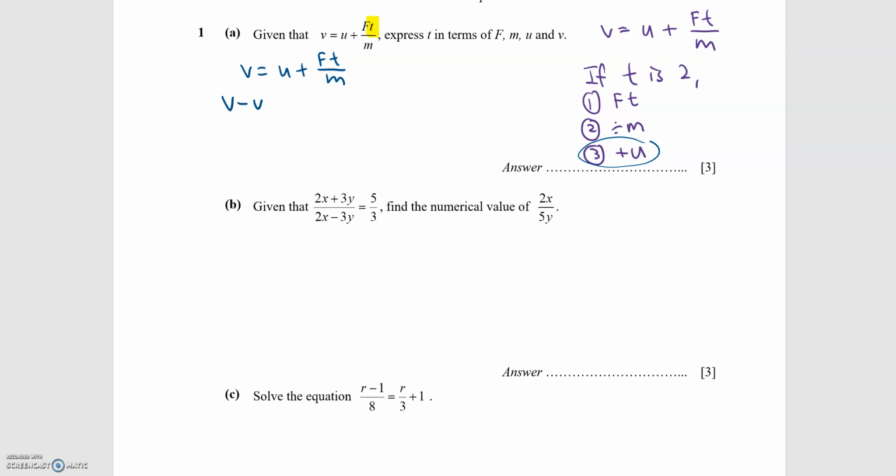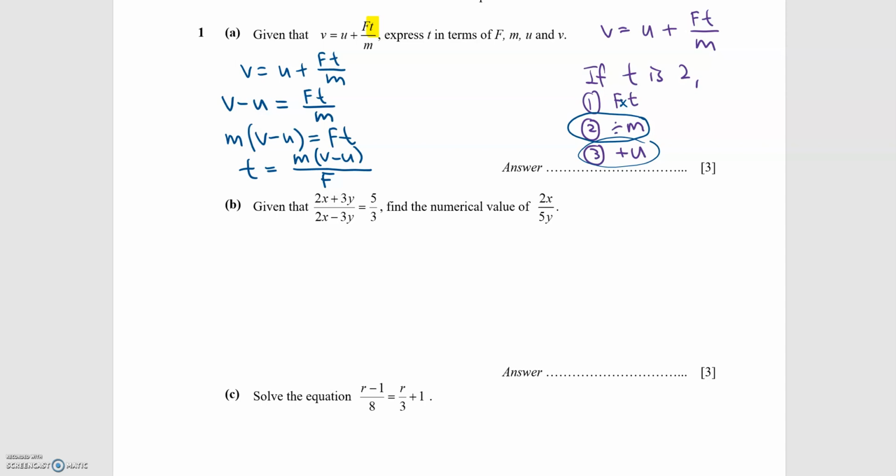So if I move the u over, then I'll go on to move the divide by m over. So m times v minus u will give me ft. And finally, to break up the multiplication between f and t, so that t will be m times v minus u over f. So this will be my answer for this question.